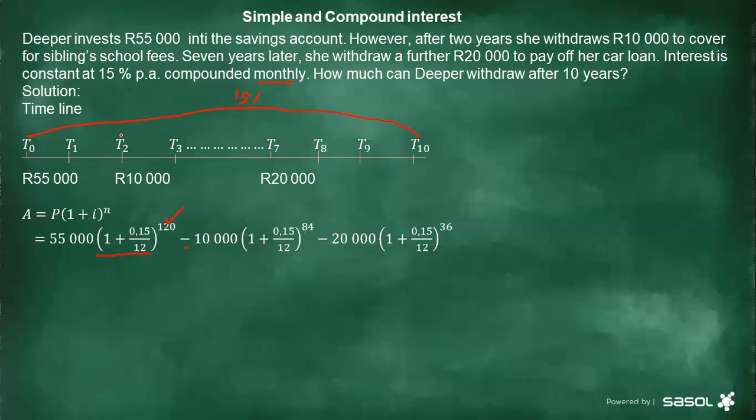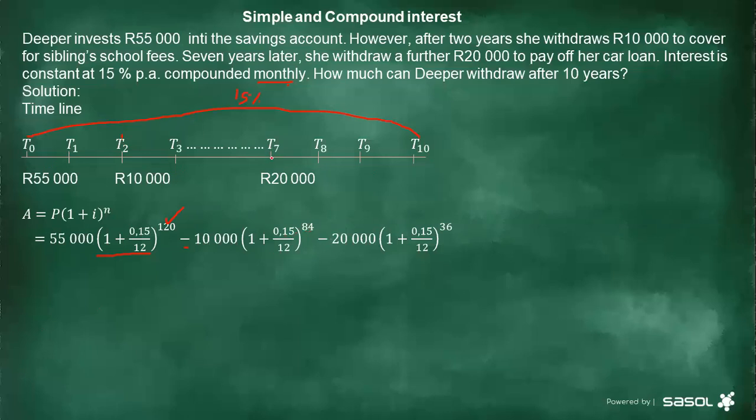Why 84? It is from this T2 to T10, right? Let's calculate from T2. It's 8 years. So you just multiply 7 years times 12, gives us 84.